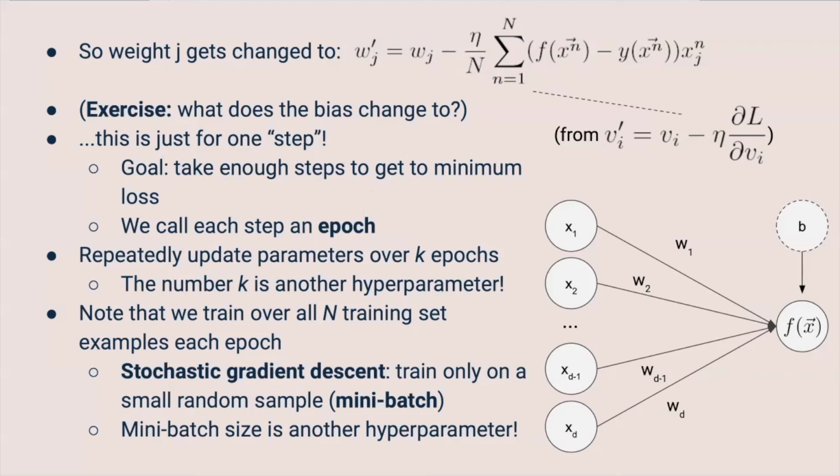And this turns out to also be another hyperparameter that you can tune. If you have many epochs, then you might eventually settle into some local minimum. But if you don't have as many epochs, you might not have reached that point yet.